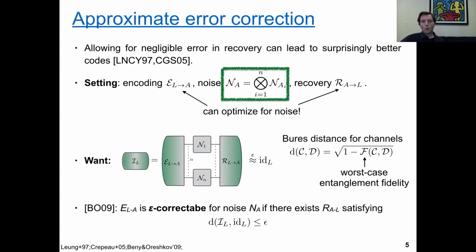In particular, one says that the code with the encoding map curly E is epsilon correctable for some noise N if there exists a recovery operator R such that the distance between the composite channel, which is the encoding, the noise, and the recovery, and the identity channel is not greater than epsilon. Yes, this is the key notion which will be appearing in the rest of the talk.